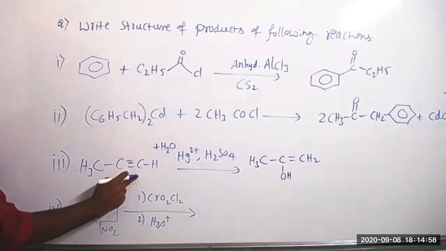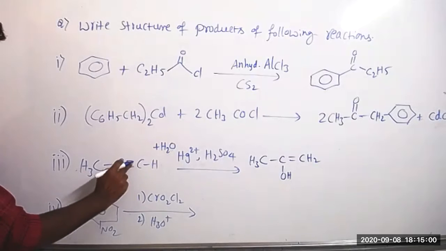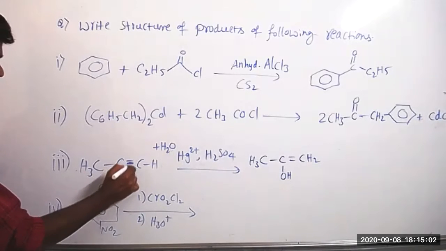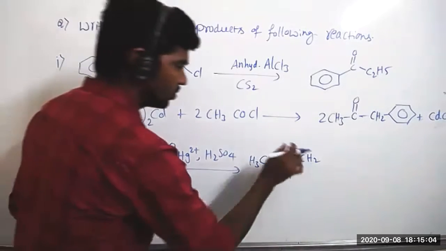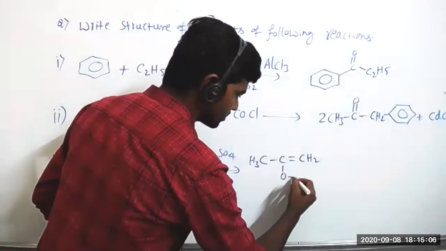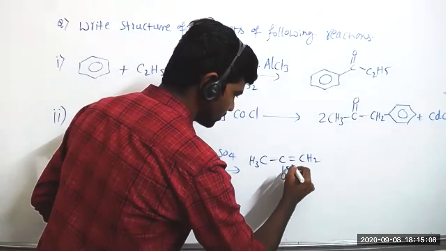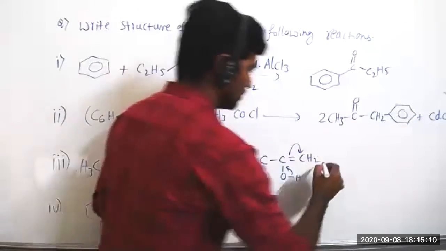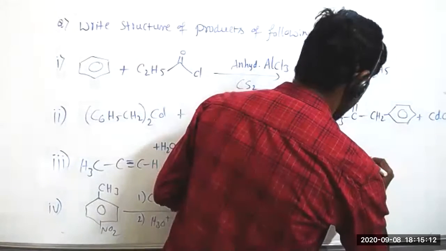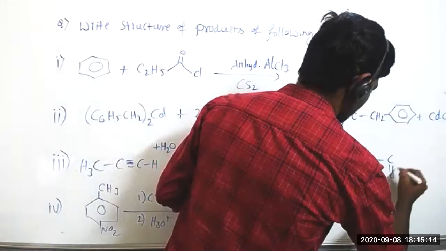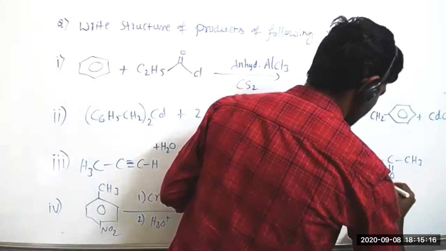Water is adding according to Markovnikov rule. So OH here, H here. Of 3 bonds, only 1 bond is lost, still there are 2 bonds. Now this one undergoes isomerization. So it gives CH3, C double bond O and CH3. Acetone. The product name is acetone.